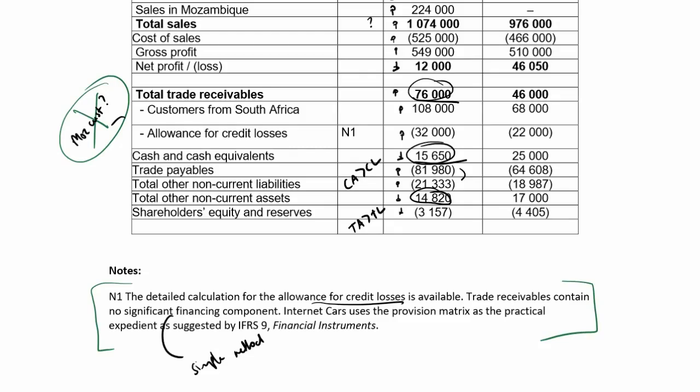So this is going to be important to help me test the allowance. Okay, so I've said here the simple method, because there's no significant financing components, they use the provision matrix as their practical expedient. So I'm going to have to test all of my understanding of IFRS 9 when testing the allowance for credit losses. Do also remember that this is an estimate.